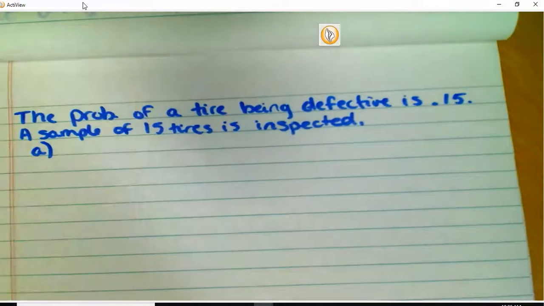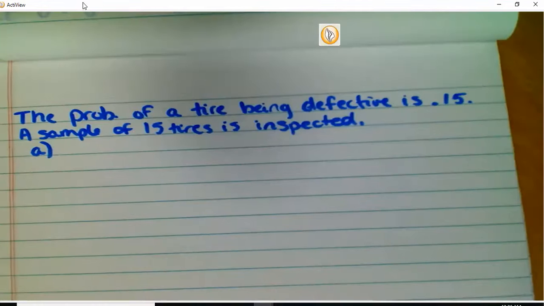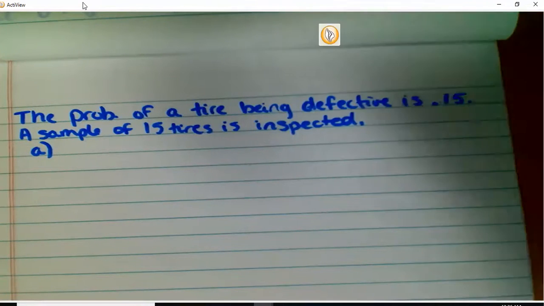So first of all, why is this a binomial? Because the tires are either good or bad. We only have two possible outcomes. Either it's defective or it's not. It's a yes, no. So that makes it binomial.